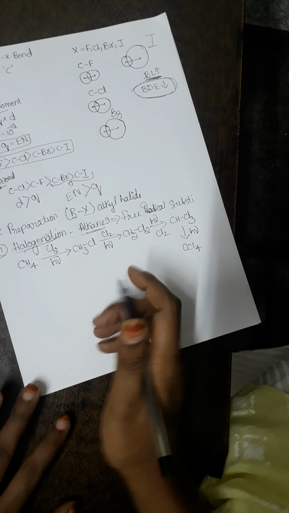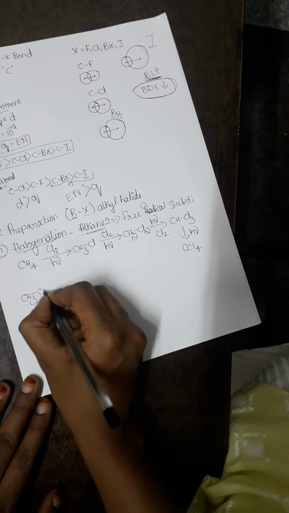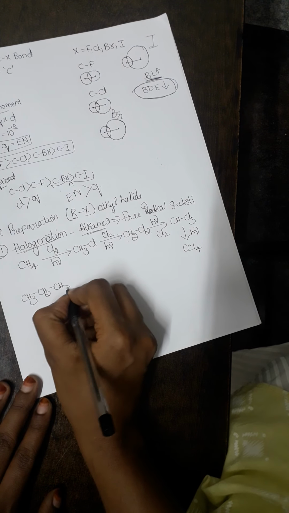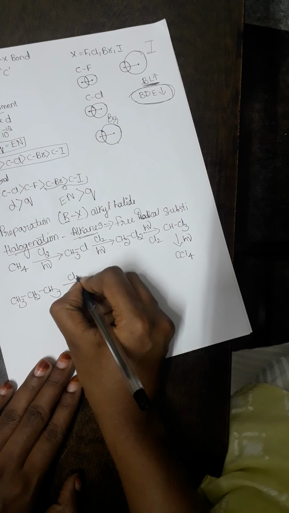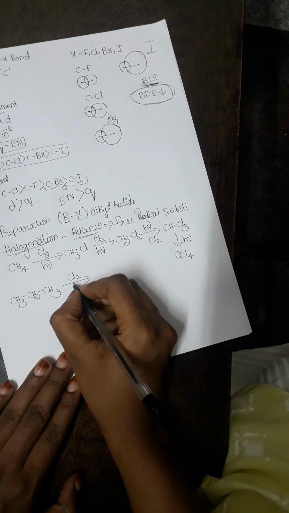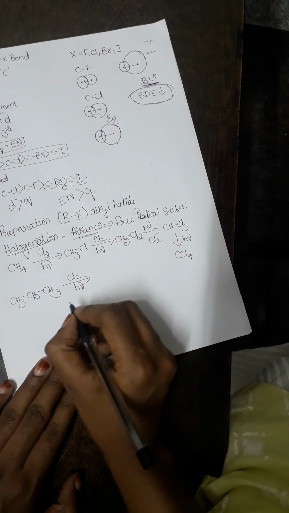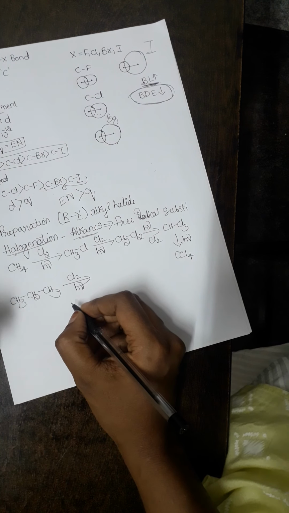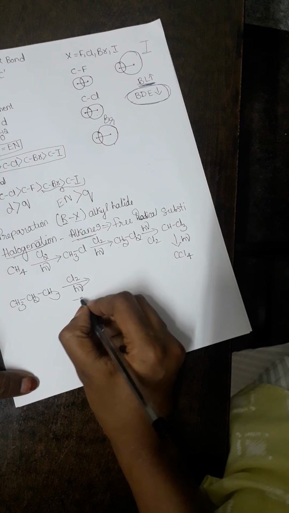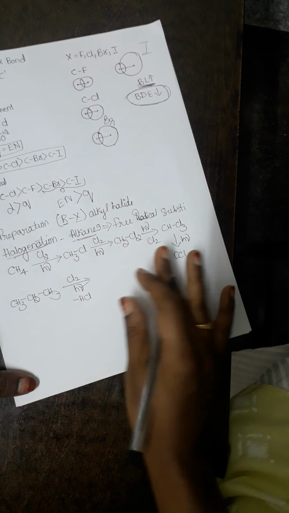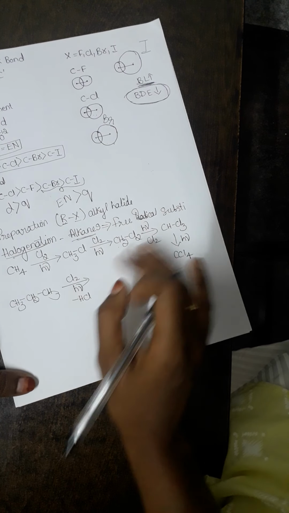Let us take another example. For example, if I take propane, CH3CH2CH3. For propane, if I do a halogenation, specifically chlorination, in the presence of diffused sunlight, what will happen? The first step is that one of the hydrogens will be substituted with a halogen. That means there will be a removal of hydrogen from the substrate, and chlorine from the attacking reagent.